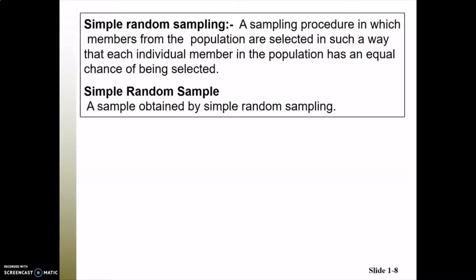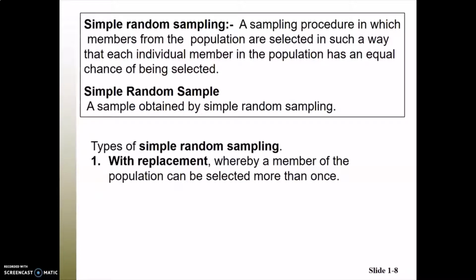The simple random sampling is a technique, and the simple random sample is the product, the result of that technique, right? This is the most important sampling technique, and this entire course will focus on simple random sampling, although we're going to study some other sampling methods.